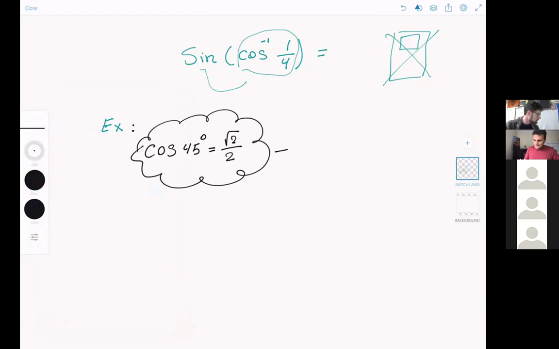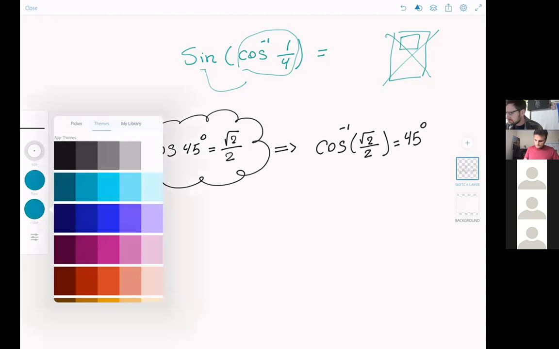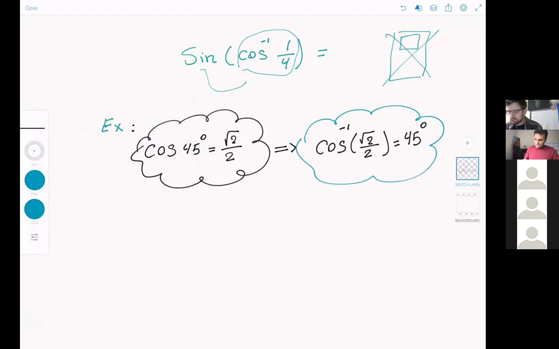This is exactly the same as cosine inverse of radical 2/2 equal to 45 degrees. So these two are exactly the same. That's the meaning of the inverse.